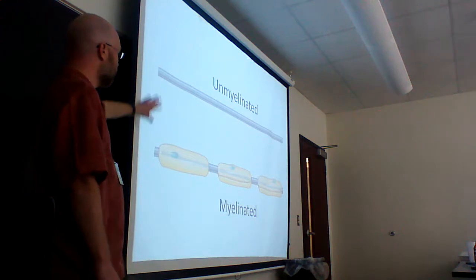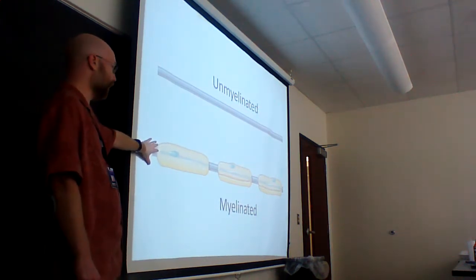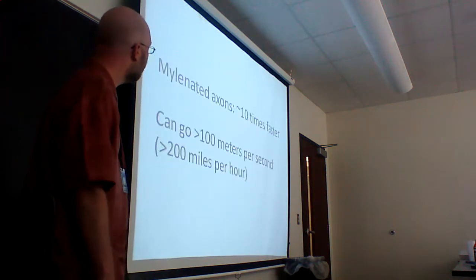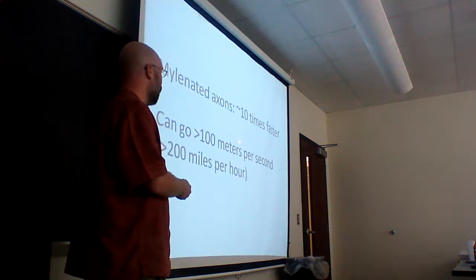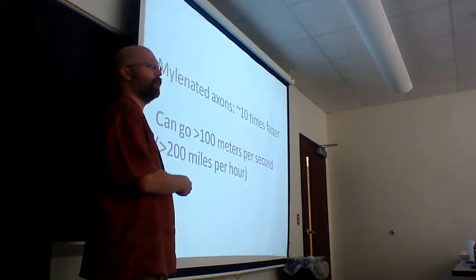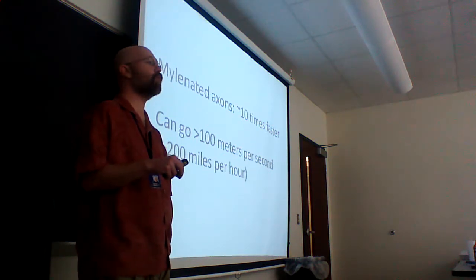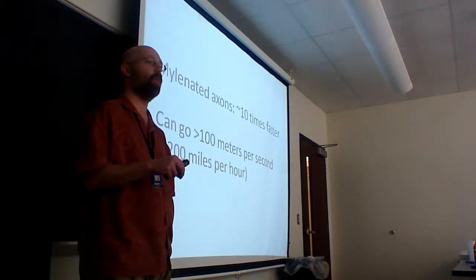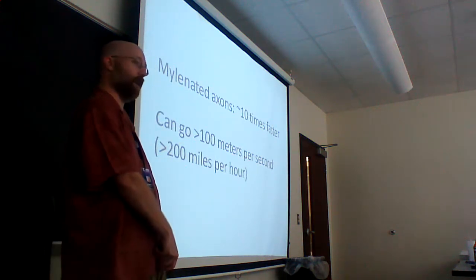So, faster or slower? This is faster. So we'll get into why today. They are much faster, right? Upwards of 100 meters per second for those of you who are metric system challenged. 200 miles per hour. We can move signals from here down to here.